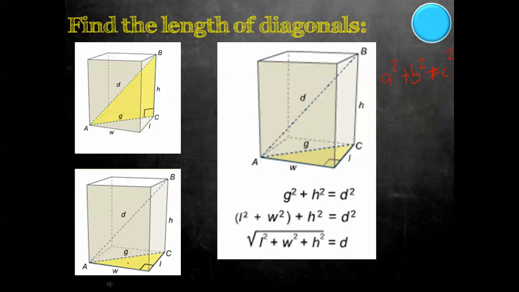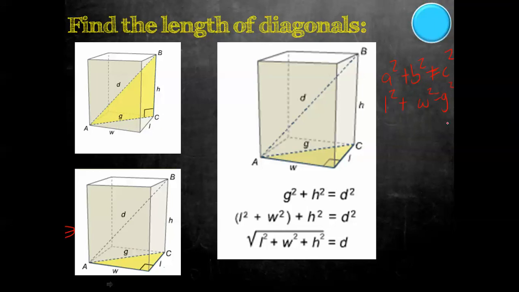For example, here in this bottom one, G is a face diagonal and D is a space diagonal. To find G, we would take L squared, the length squared, plus the width squared, and that would equal G squared. We're just going to sub in those letters instead.